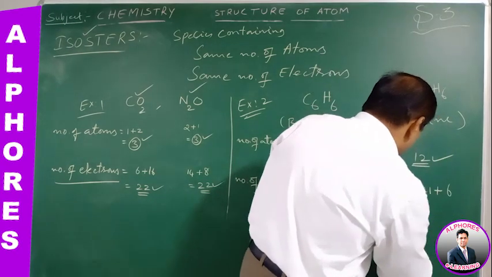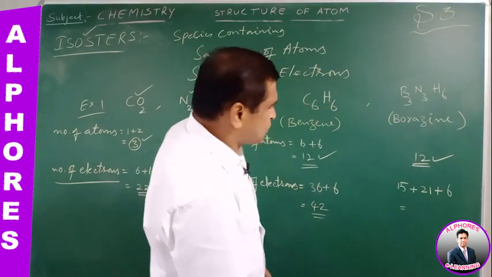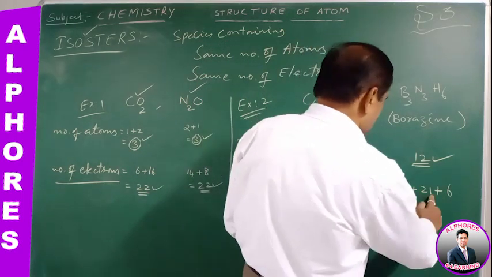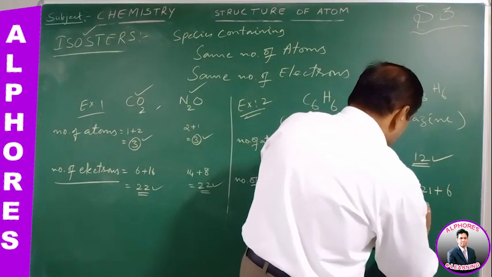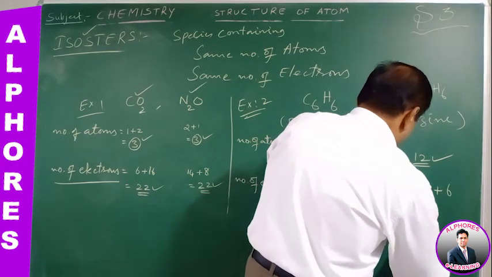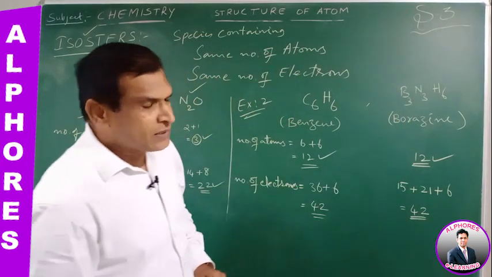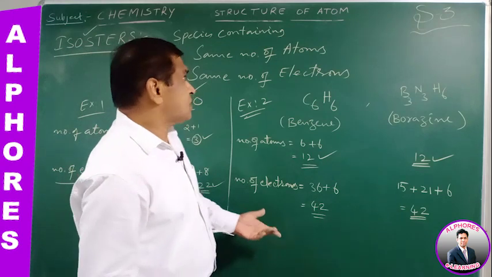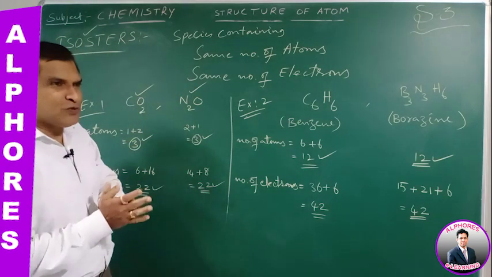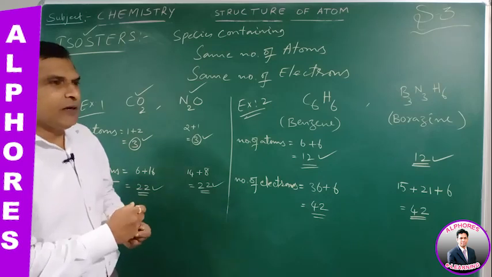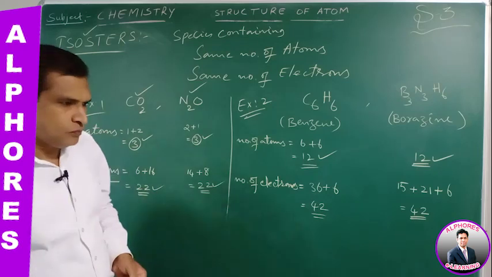The total is 15 plus 21 plus 6, yes, 42. Both contain 42 electrons. So this is about isosters. The concept of isosters is done.